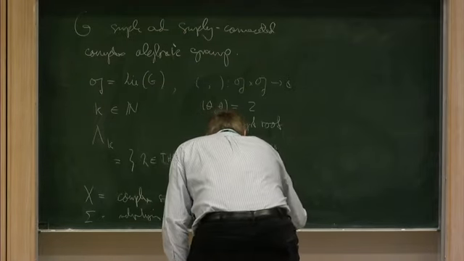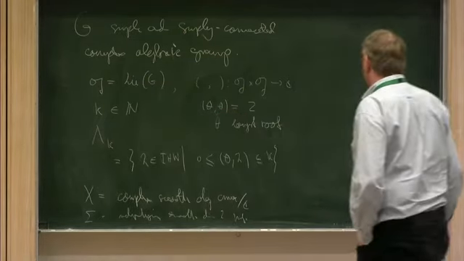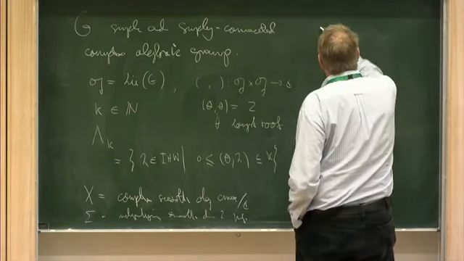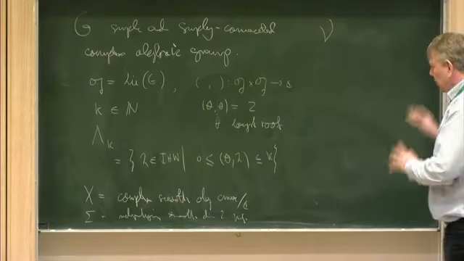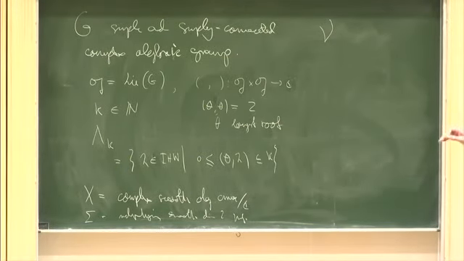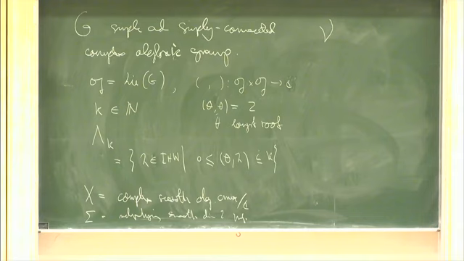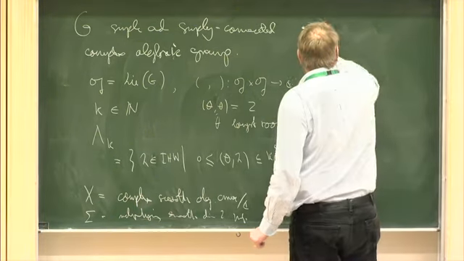two-dimensional manifold. Okay, and then what I'm going to consider, and I'm not going to give you a definition right now, but I will give you an alternative definition in a second. So don't worry if you don't know about this.